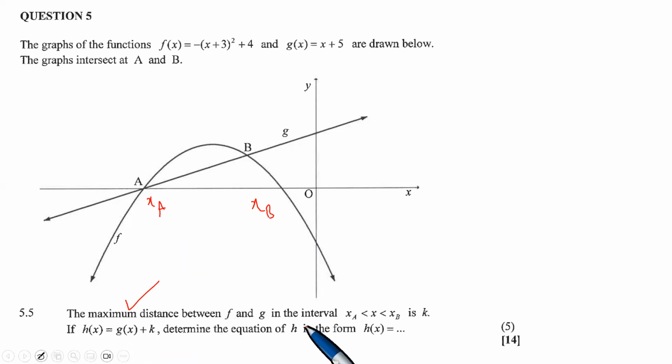The maximum distance between F and G in the interval, that is K. So the maximum distance in the interval there is K. This is K. If it is given that H is G of X plus K, determine the equation of H in the form H equals something. What is the equation of H?